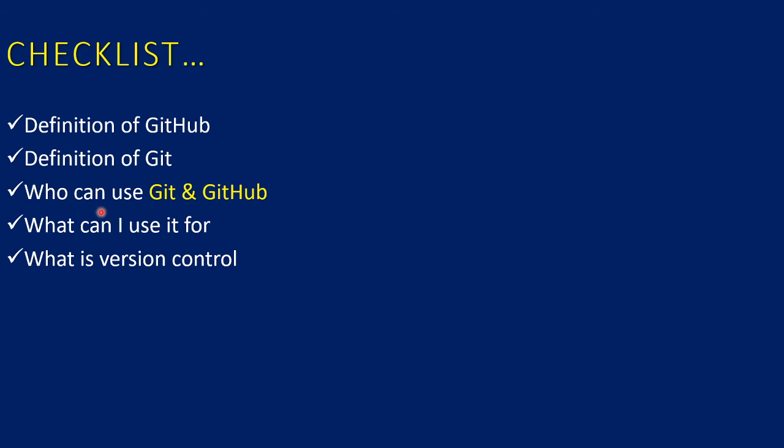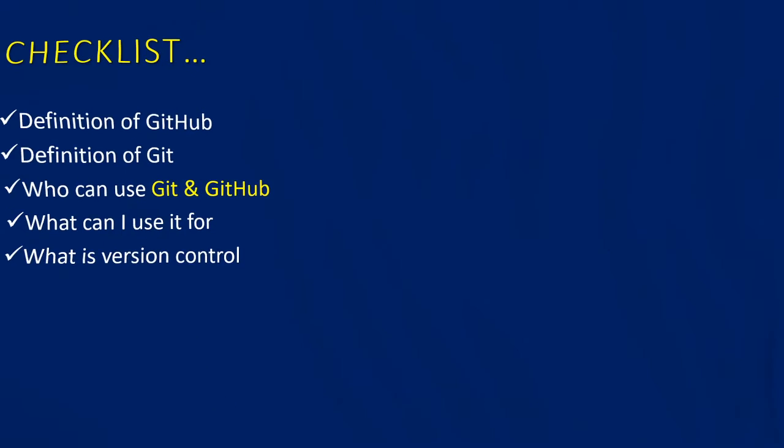Then we're going to look at applications of Git and GitHub, like what you can use them for, and who uses Git and GitHub. Then lastly, we shall look briefly at version control. So let's jump in.